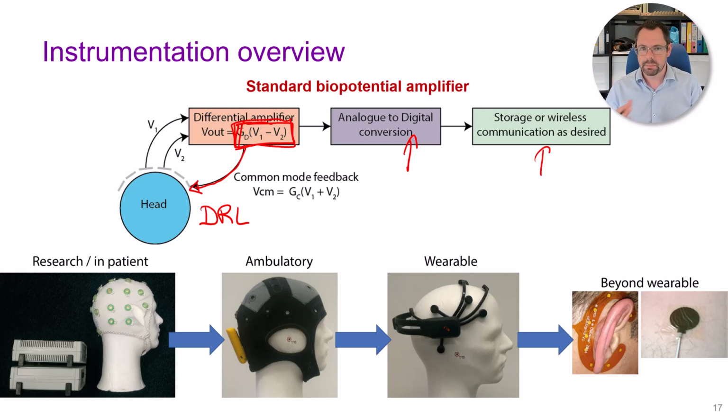What the DRL does, and we'll see this in more detail in a minute, is it measures the interference that is present on you, and then it applies the opposite back to try and subtract it off.